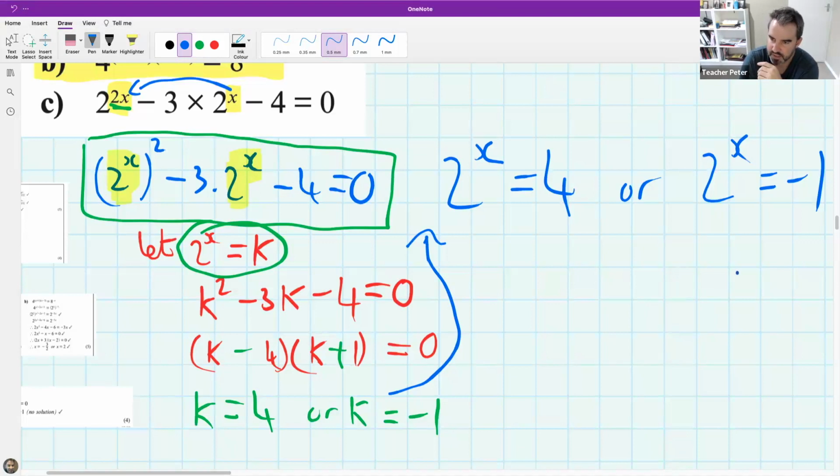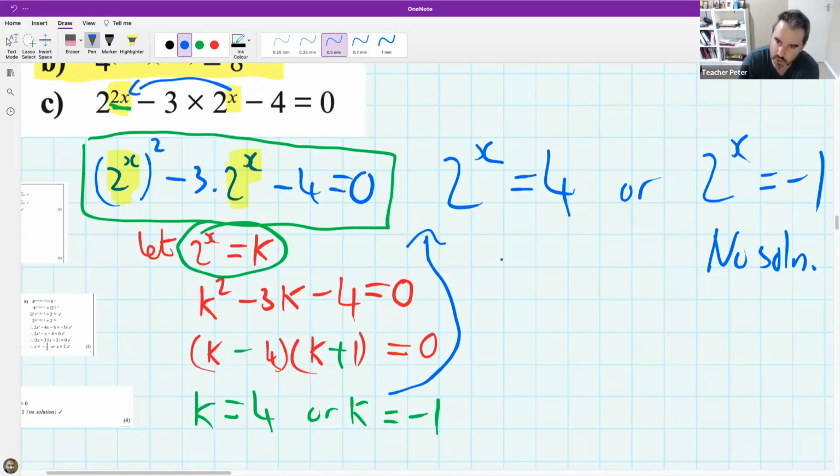All right, now, here's the first problem. This branch over here, if I raise a positive number to something and I get a negative, is that possible? So 2 times 2 times 2 times 2, am I ever going to get negative? No. There is no way that you can take a positive number and multiply it by itself and end up negative. So this part of the question is no solution. So that part, no answer.